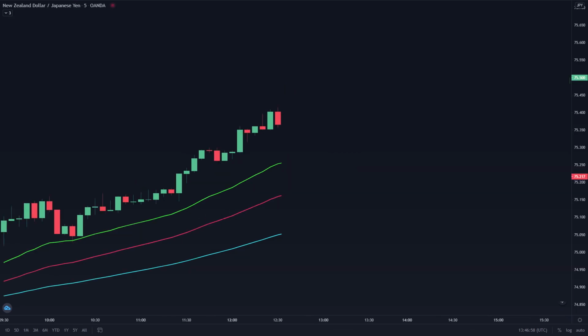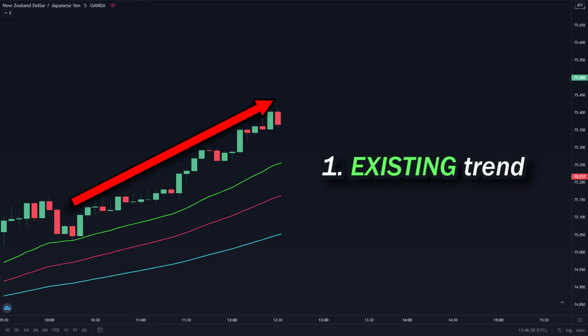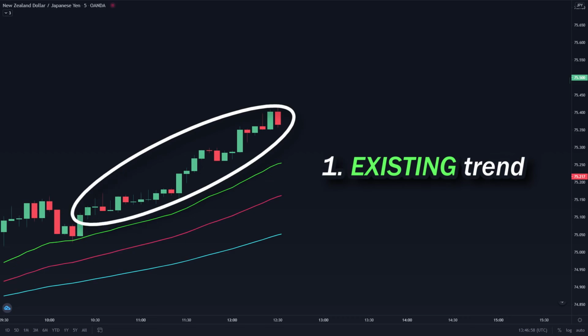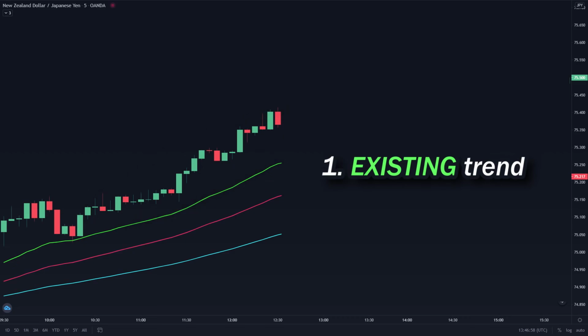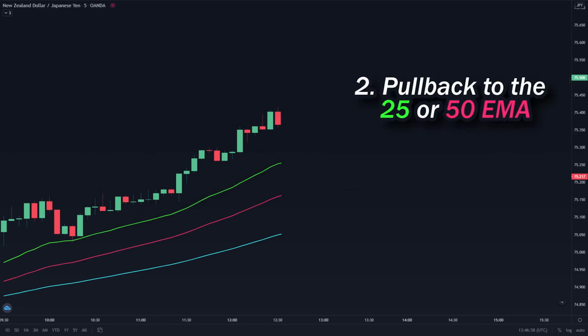So, here's an example of this strategy in action. In this chart, we can see that the market is currently on an uptrend as shown by all three EMA heading upwards, while all the candles are above the EMA. Next, we are waiting for a pullback towards the 25 or 50 EMA. But remember, it must not cross below the 100 EMA.